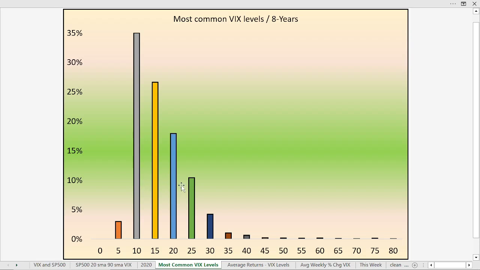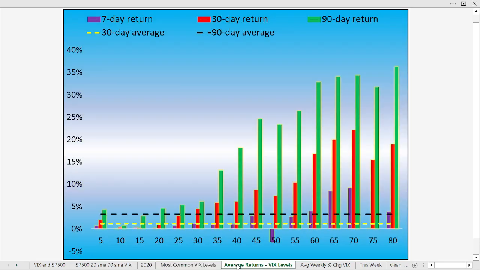These are the very common levels. There really isn't much of a trading signal when you see VIX 10, 15, 20, even 25. But when we start to see the VIX cross below 10 or above 25, 30, then we start to see more promising futures as far as our ability to perhaps prognosticate what will happen.